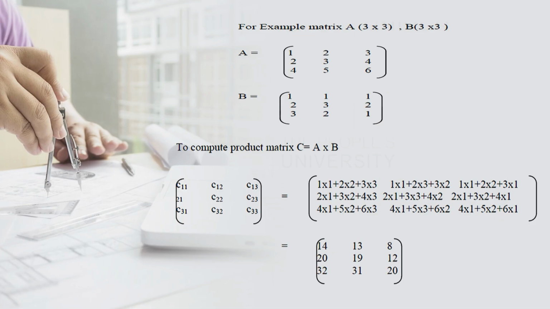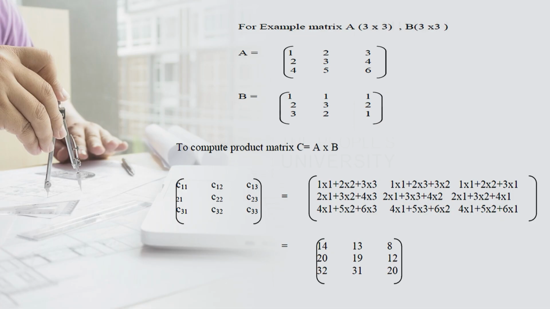So if the dimension is 3 cross 3 and I compare with order of n cube, 3 to the power 3, that is 27 multiplications are there. 27 multiplication operations, you can check it.